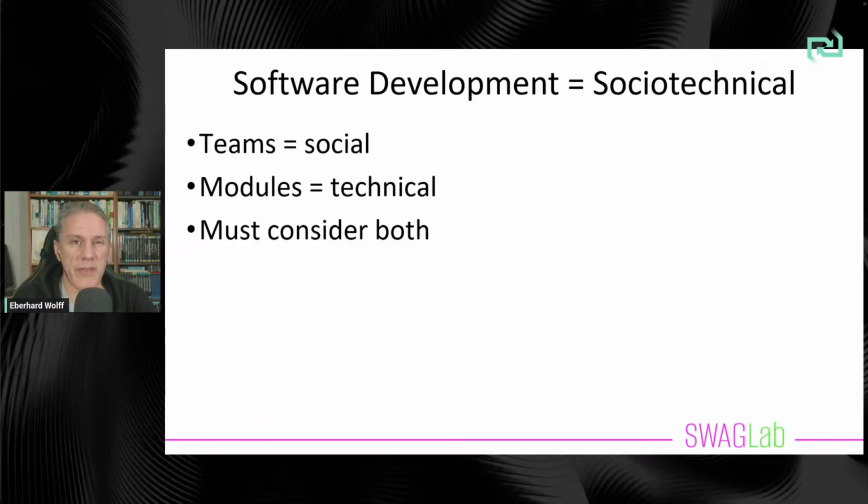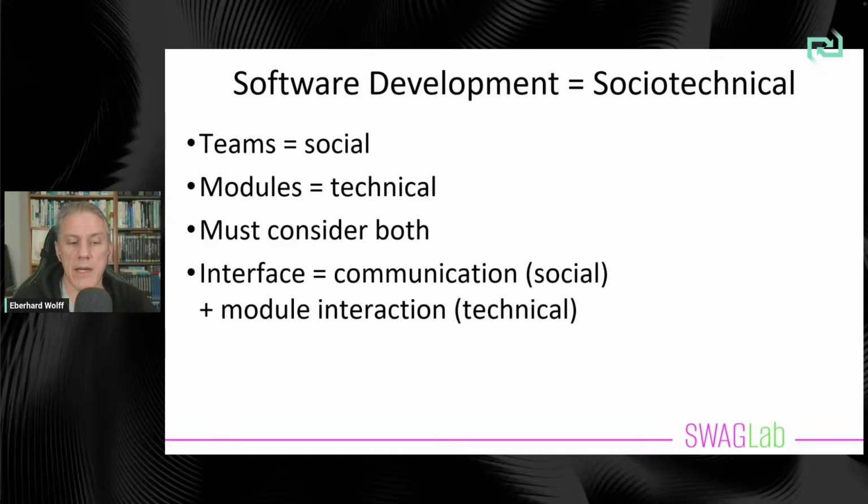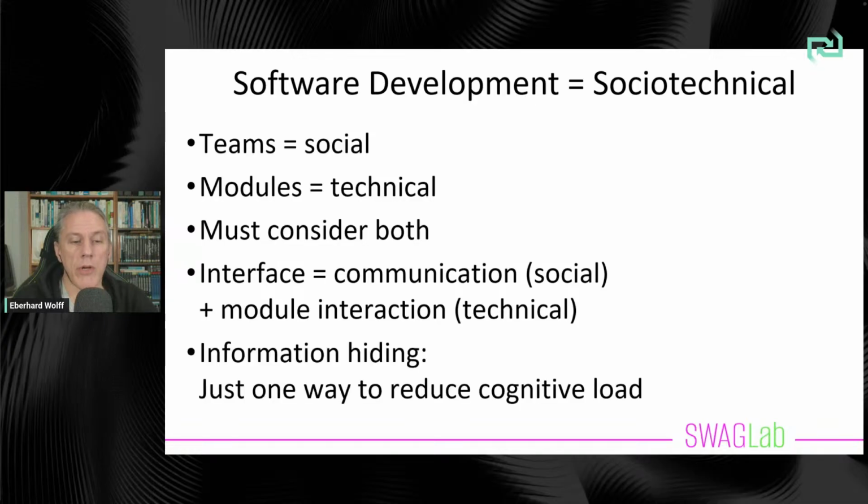And one of the things that I notice where I seem to think differently about things is interfaces. An interface to me is not just something that we have in the code, but it's also about communication. It means that people actually talk to one another. And if we look at information hiding, this is one way to reduce cognitive load.